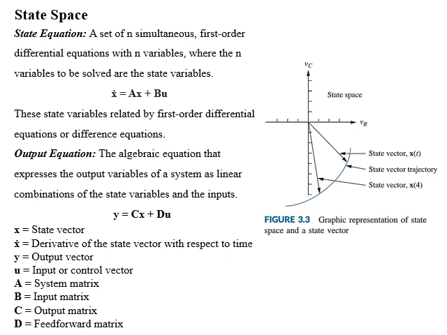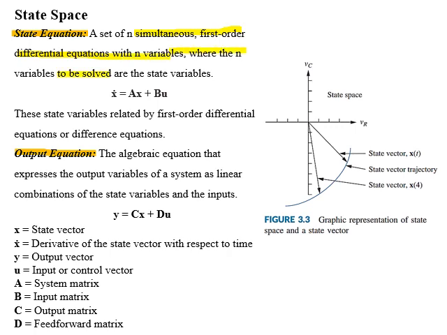Students, now we will study state equation and output equation. These both equations combined form the state space representation of a system. First is the state equation. A set of simultaneous first order differential equations of state variables is known as a state equation.